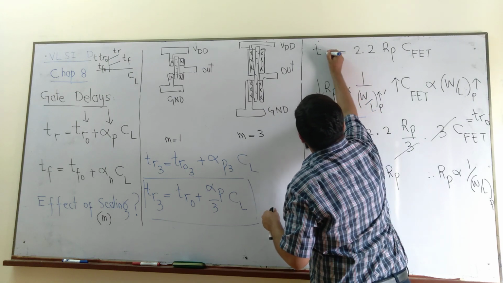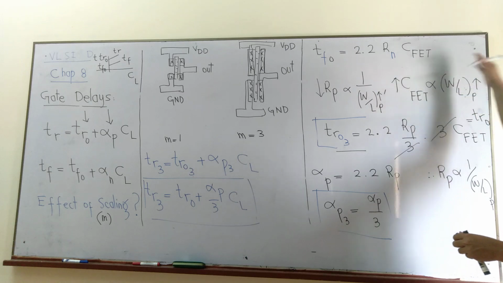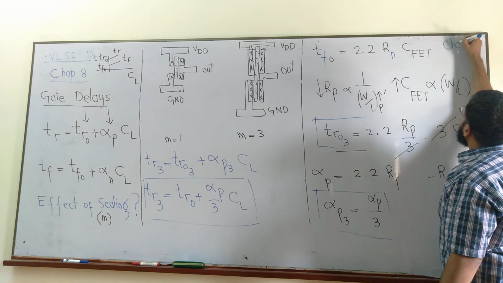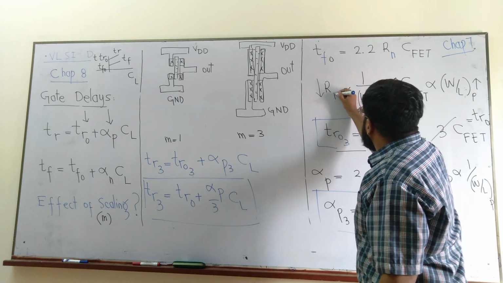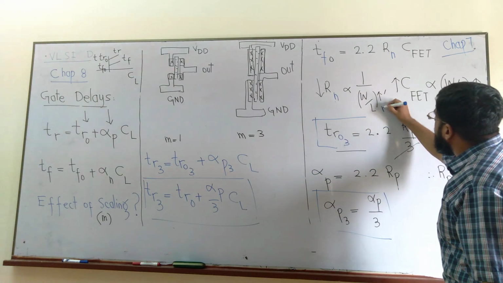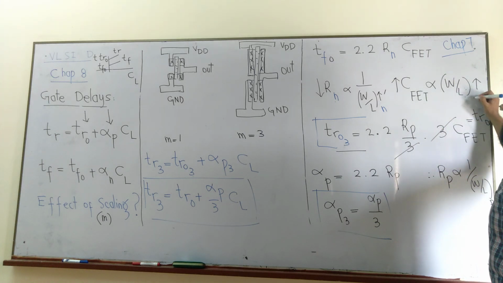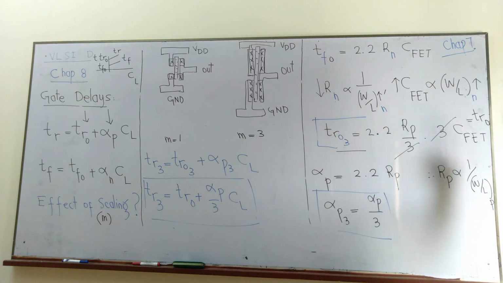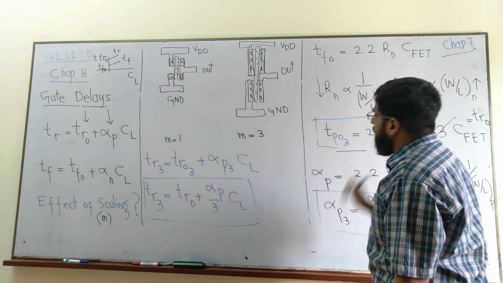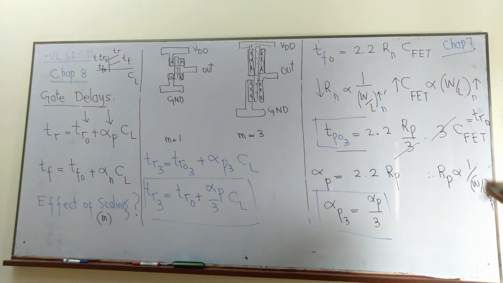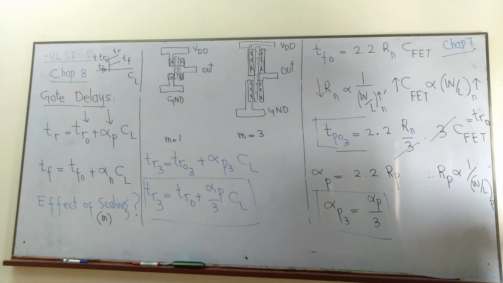TF0 is 2.2 times Rn times CFET. This we studied in the last chapter, chapter 7, where Rn is inversely proportional to the aspect ratio of n, and CFET, of course, is directly proportional to the aspect ratio of n. So TF03, the initial value for m equal to 3, would be Rn by 3 times 3.